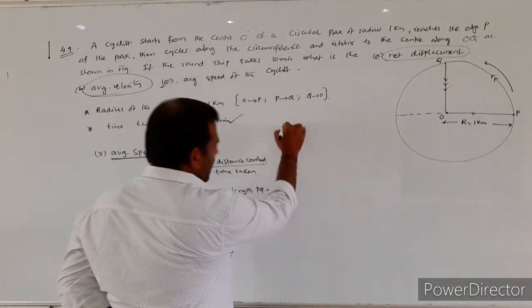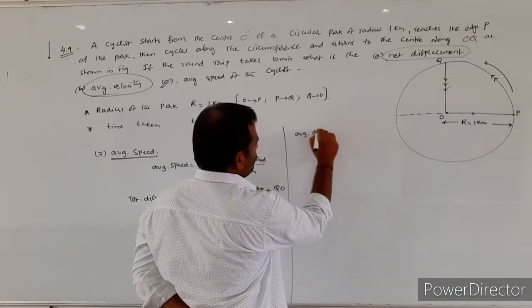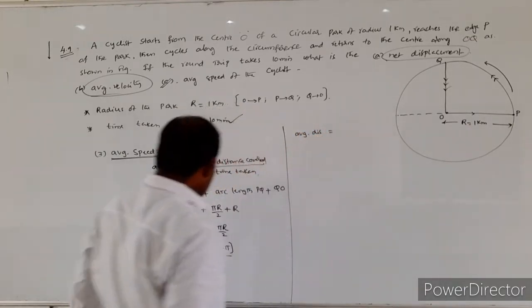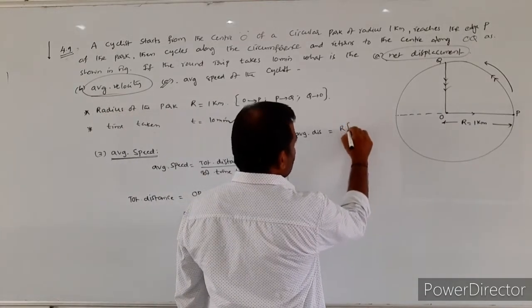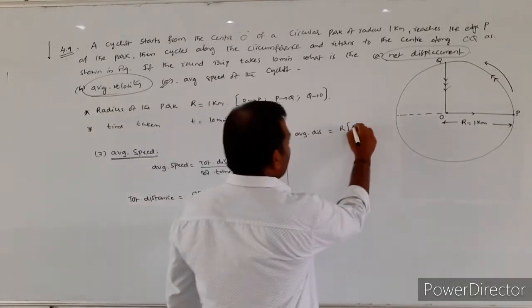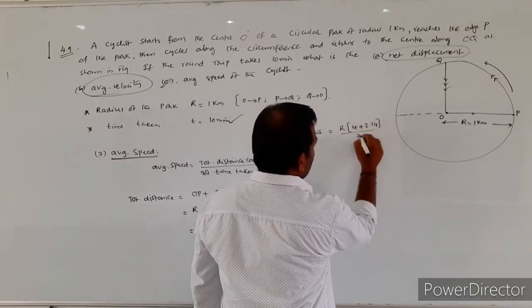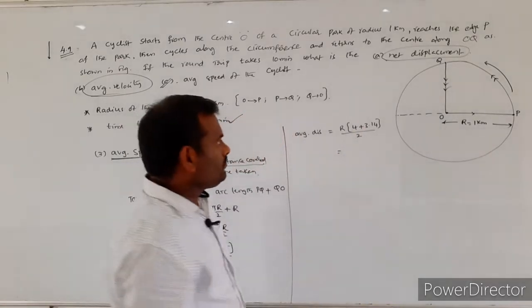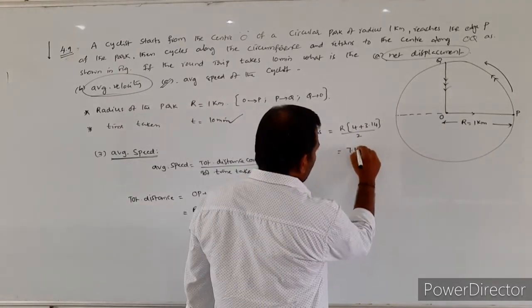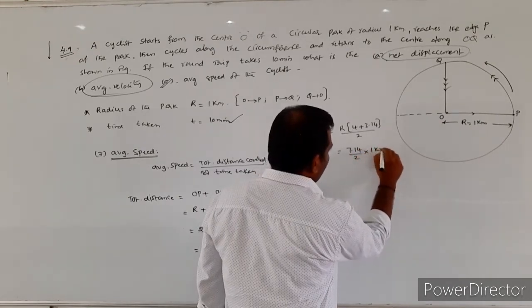So the average distance is equal to r into (4 plus 3.14 by 2). So 4 plus 3.14 is 7.14, by 2, into 1 kilometer.